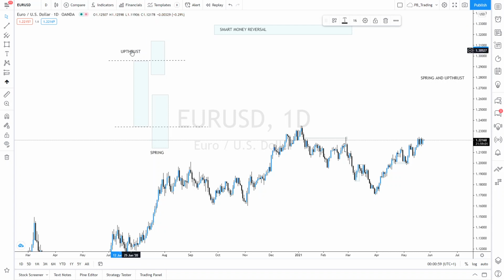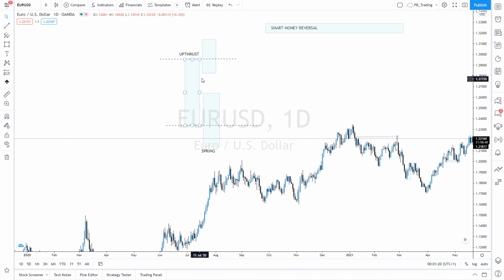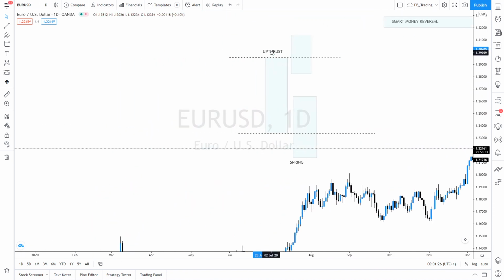Now let's go into what relation the smart money reversal has with this. Anytime a daily high is broken through like this, 9 out of 10 times price comes back into structure.